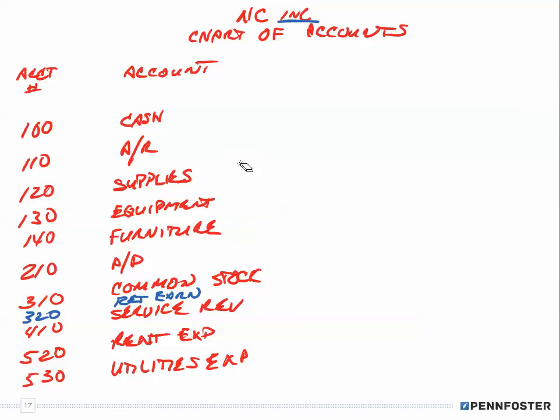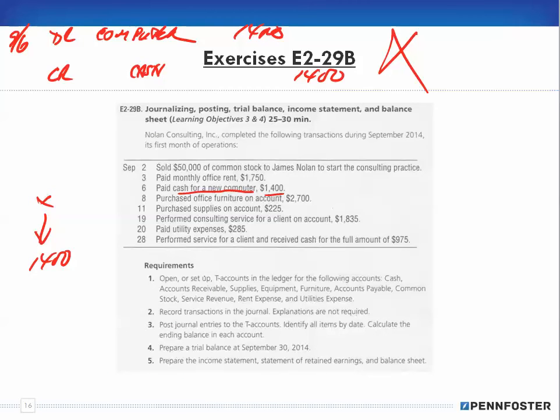Don't go creating a computer or a computer equipment account. Use what you have. In this case, it's equipment. So that half of the entry would be equipment. Okay, so that's the journal entry for that transaction.